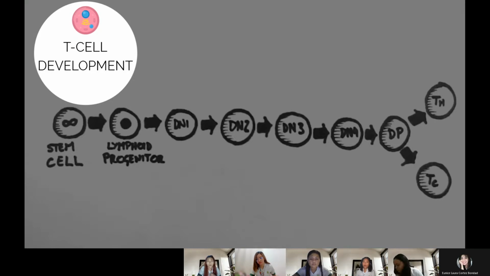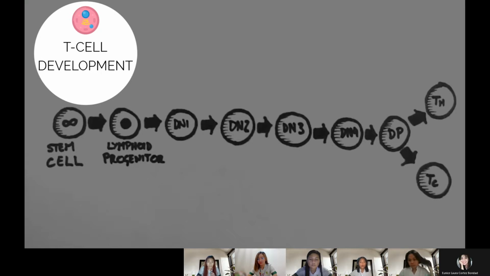T cells go into the bloodstream and move to the thymus gland with the help of chemotaxis, from the red bone marrow to the thymus gland. Since our primary lymphoid organ is the thymus, our secondary lymphoid organs are the lymph nodes, spleen, and mucosa.